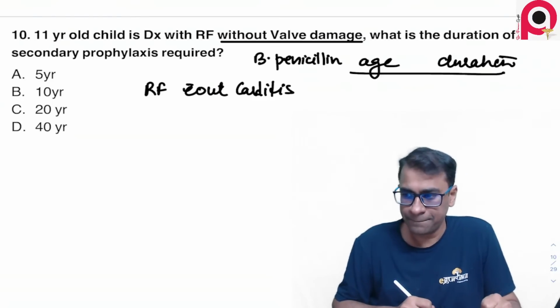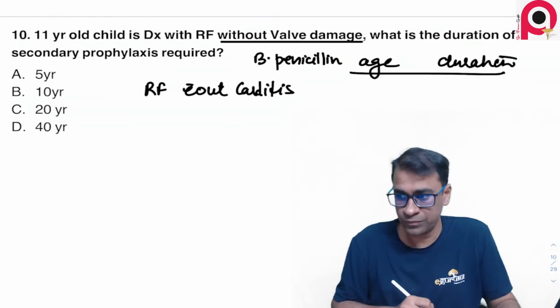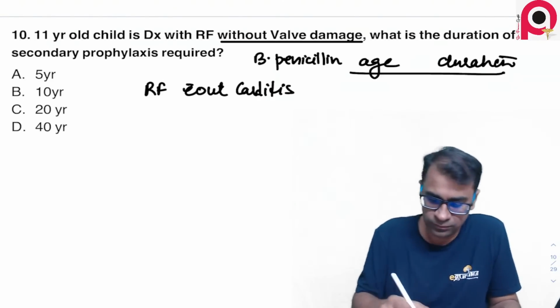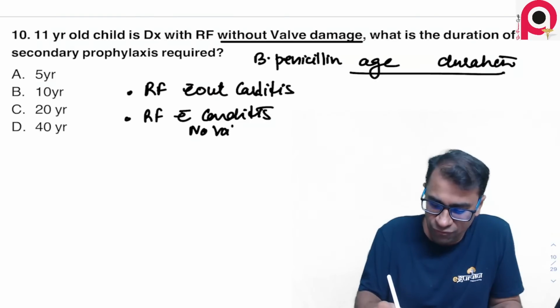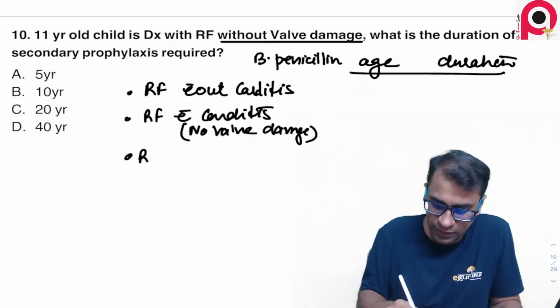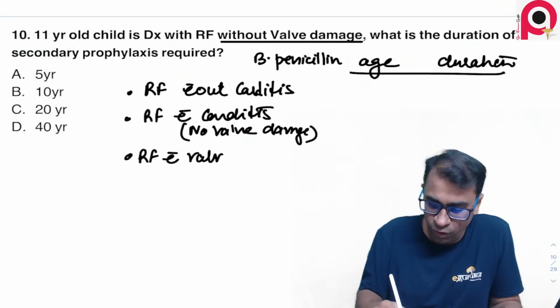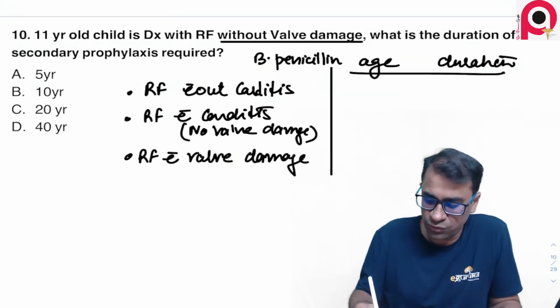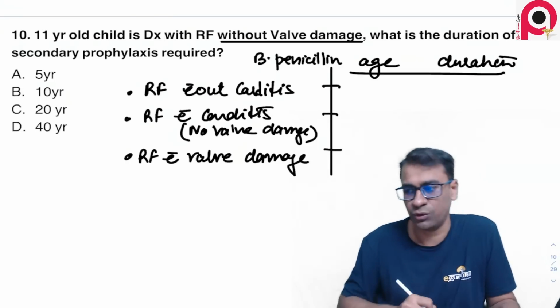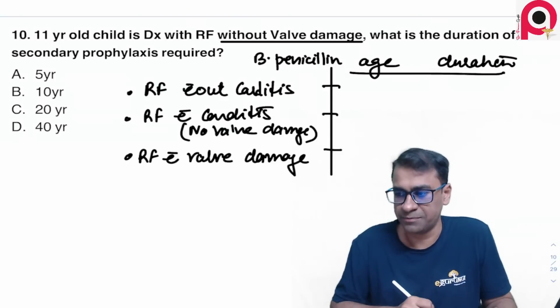Okay, rheumatic fever with carditis but no valve damage, and rheumatic fever with valve damage. The three conditions which you must all be aware of, and this question was first asked in this year's NEET PG also. The same question was repeated.